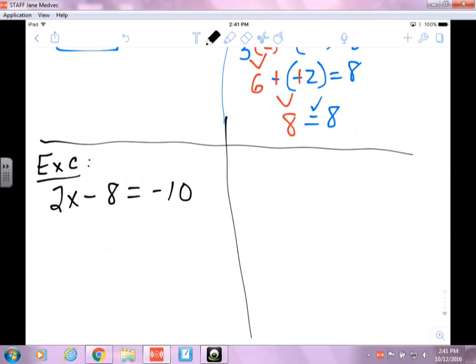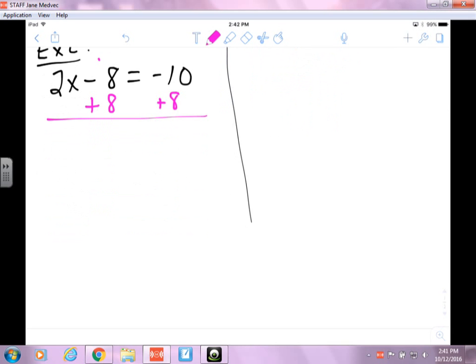So I want to get the 2x by itself. So what am I going to do to get it by itself? Yes. Add 8. I am going to add 8 because it's the opposite, isn't it? So I'm going to add 8 to both sides. I'm not going to minus a negative. Don't do that. Just add your 8.